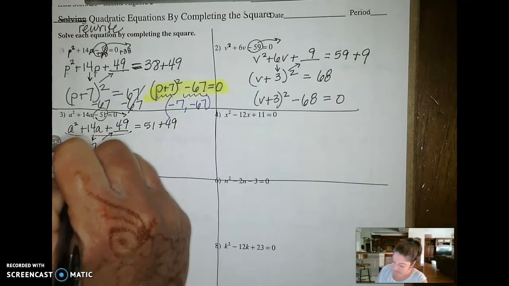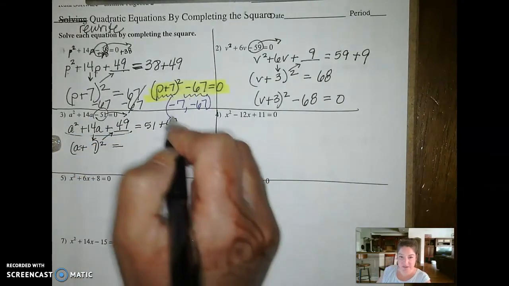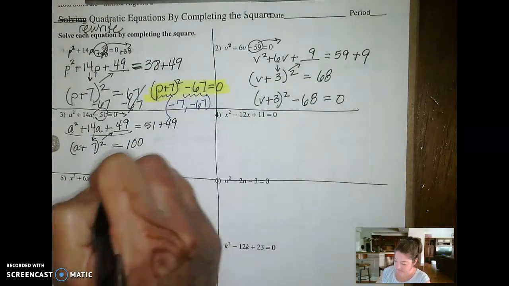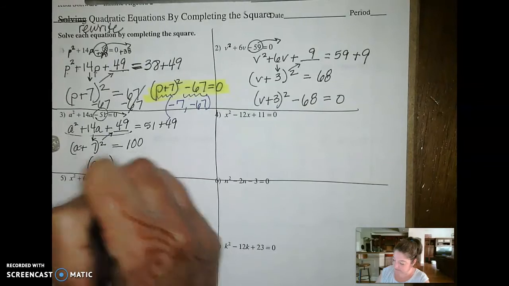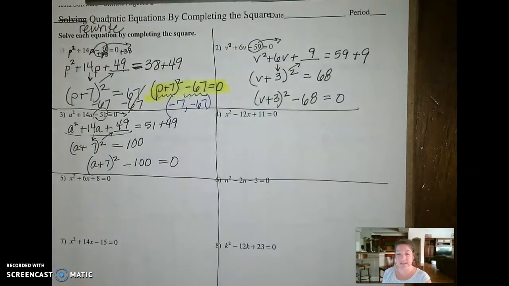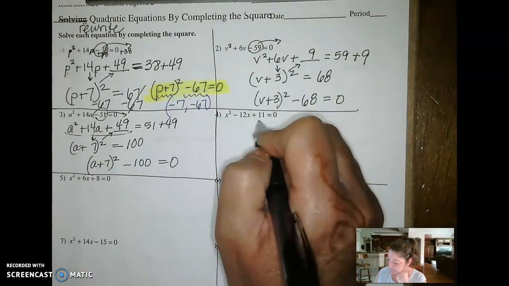This side becomes a plus 7 squared. 51 plus 49 is going to be 100. And then I'm just bringing the 100 back over. So a plus 7 squared minus 100. Again, this is so we can pick out the vertex really easily.